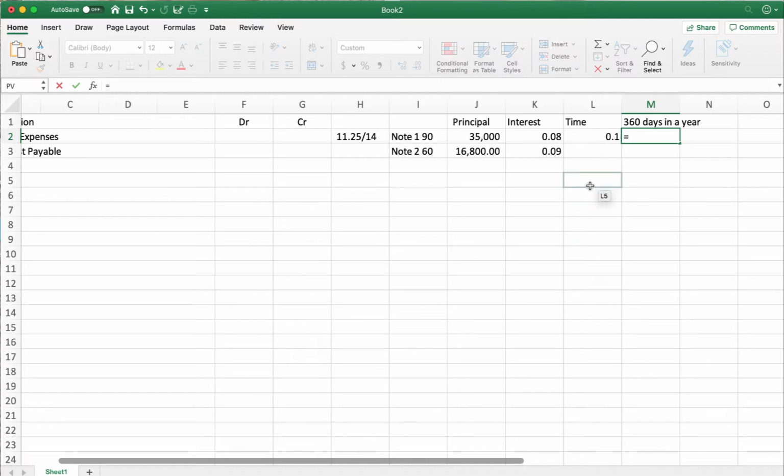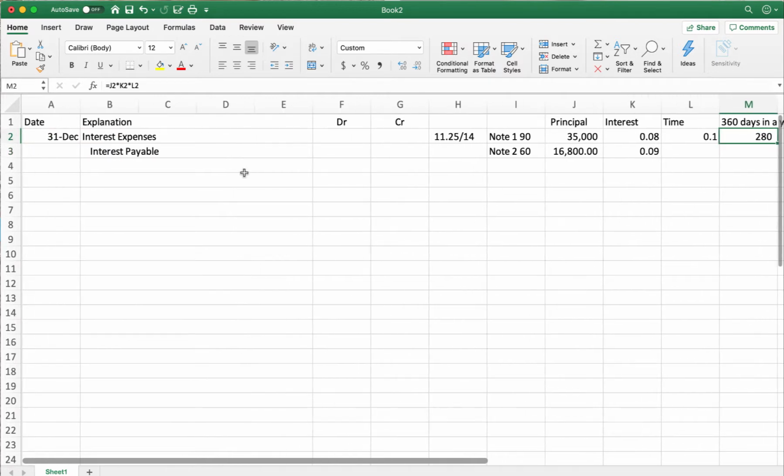So, to calculate the interest expense, I take my principal amount times my interest, 8%, times time. And our time is 36 days out of 360. Our interest expense that we need to accrue is $280.